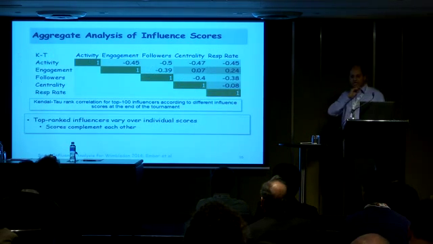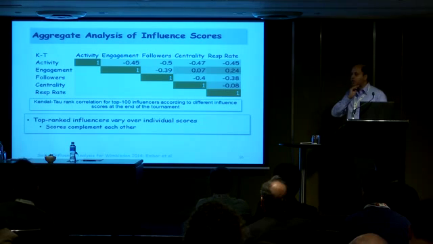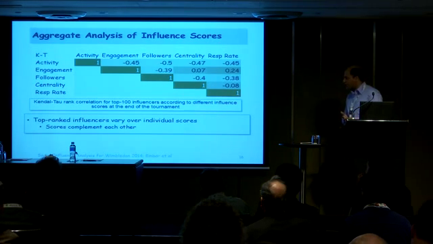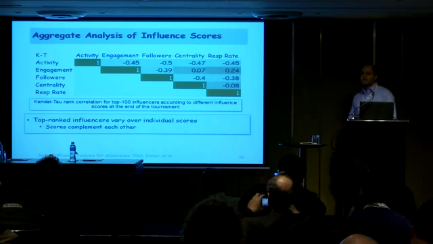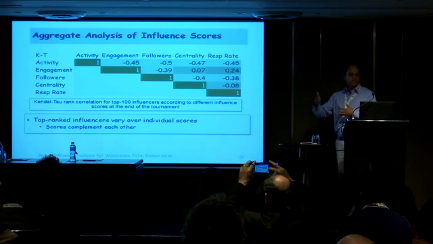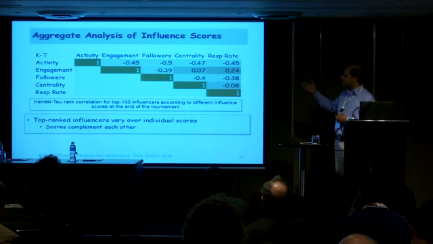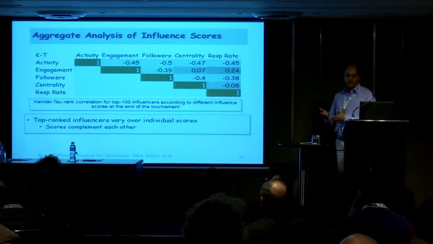So the second observation is that we wanted to understand whether the individual scores that we had in our suite were redundant, or were all of them actually necessary, right? So we wanted to understand if we looked at the top influencers across these different scores, were they the same or were they different? Of course, you can see that compared to before, they are significantly more overlapping, and that makes sense because if all the influencers were different for two different scores, that would be a little troublesome, right?